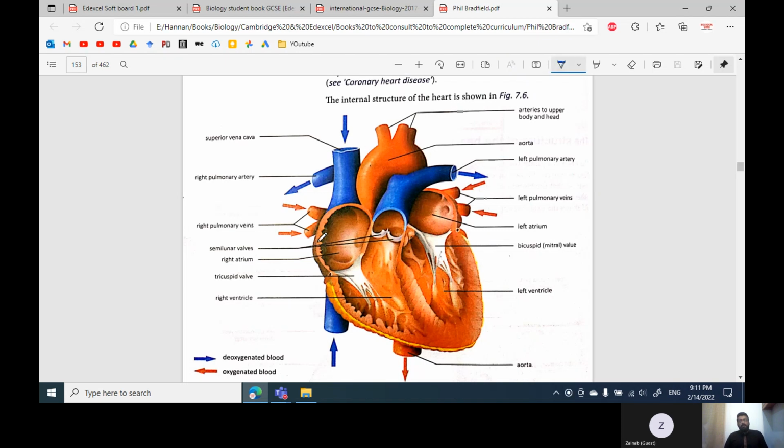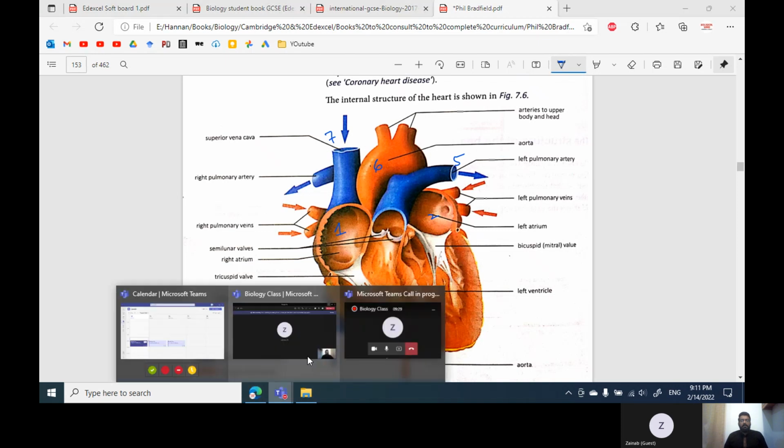For example, this is one chamber, this is the second, third, fourth chamber, this is the fifth part, the sixth, the seventh one. But these are just the functional parts.